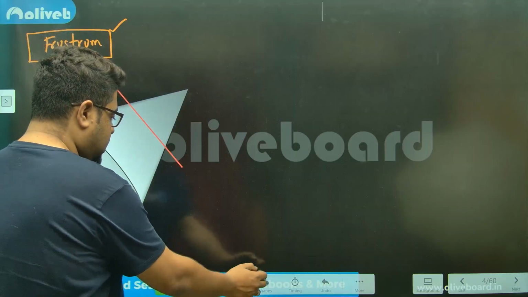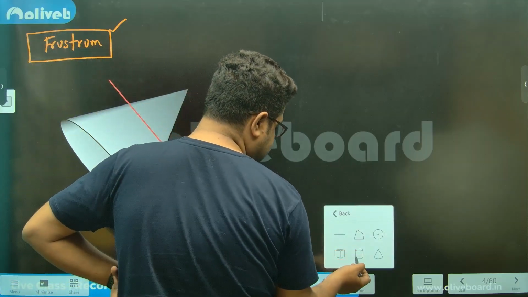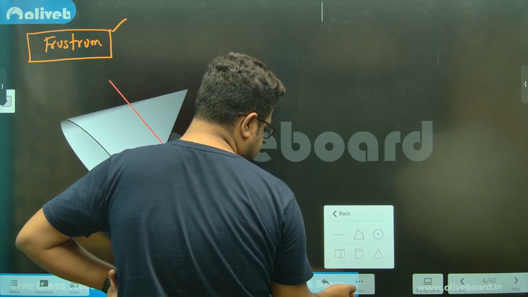If I want to draw it, I don't think there's a ready-made 3D shape for this. But chalo, kuch na kuch to bana payenge.